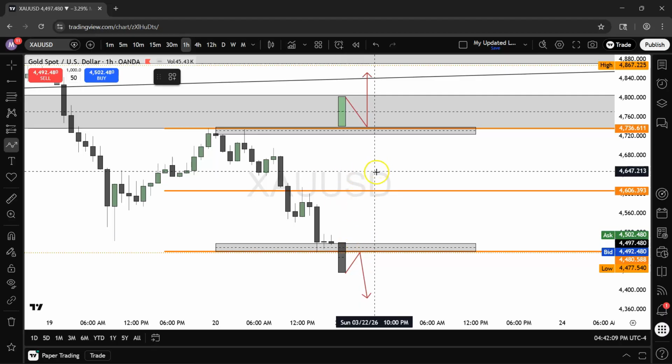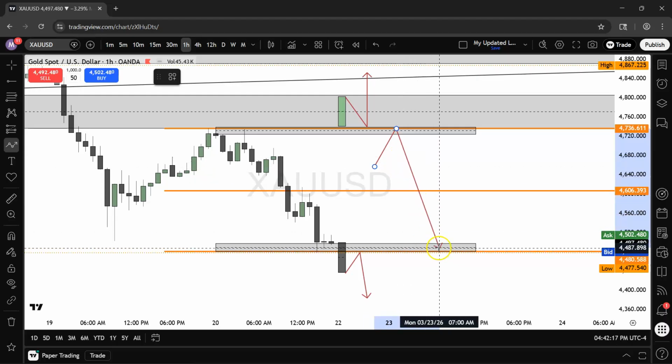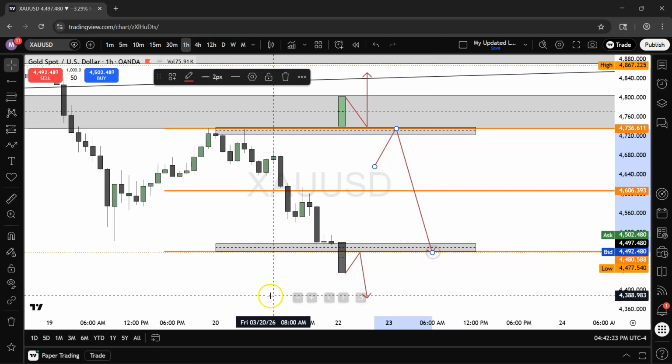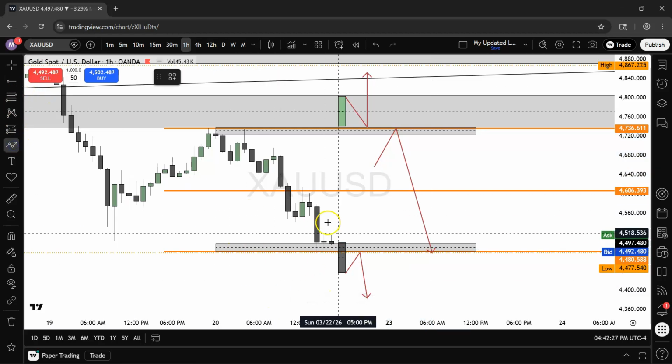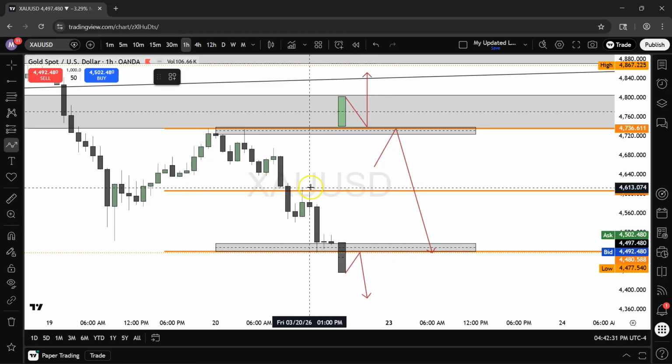Market pulling up to the line, bouncing off the line, right? Trending lower to get back to this line. All right. Next scenario, market is here, right?